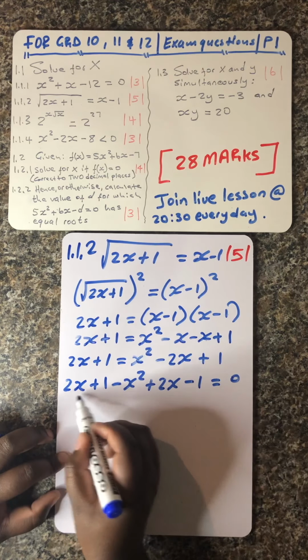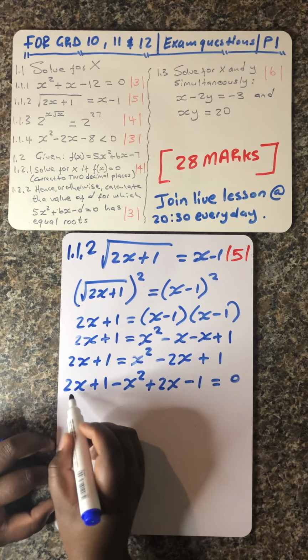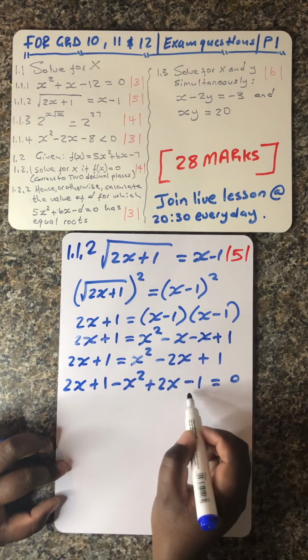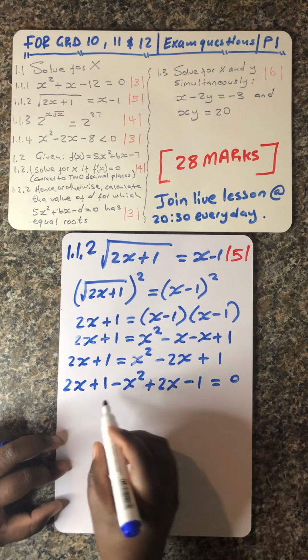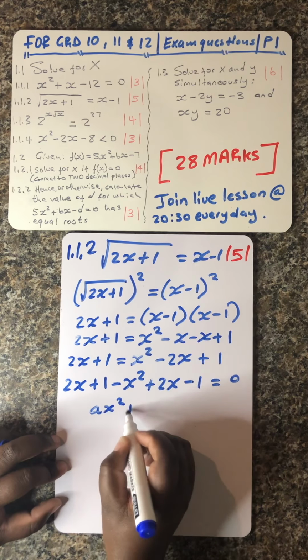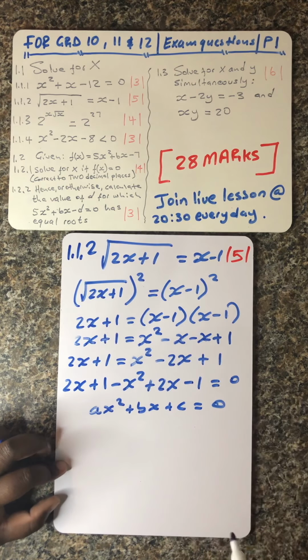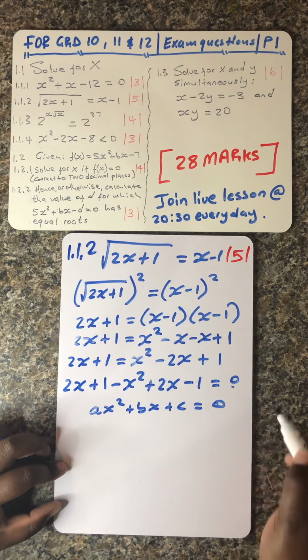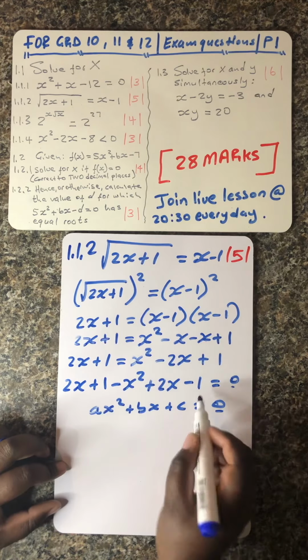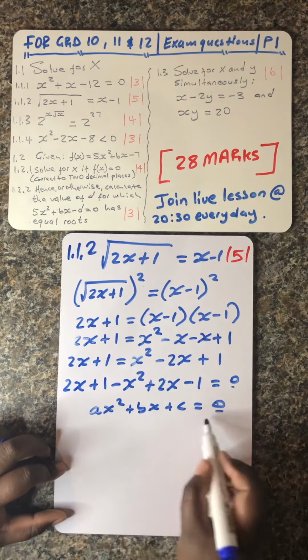So now we can simplify all of this, such that we write it in standard form. Remember the standard form: ax squared plus bx plus c equals 0. The reason why we equated to 0 is because we wanted to have all of this in the standard, quadratic form.